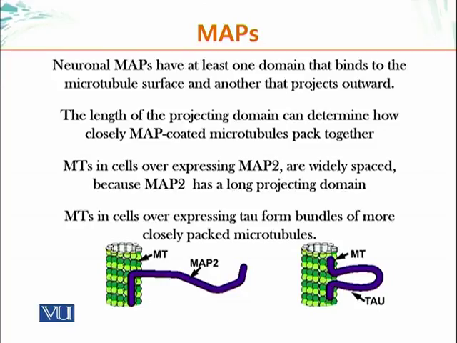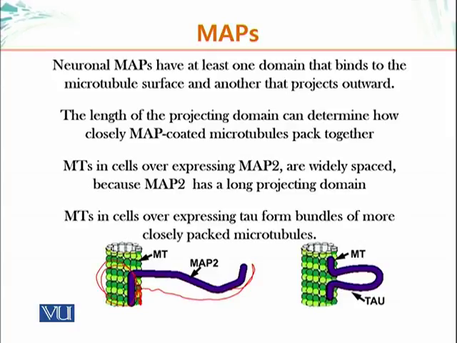But here I would like to mention that microtubules in cells overexpressing MAP2 are widely spaced because MAP2 has a long projecting domain. Here in this diagram, for example, this is a microtubule, and you can see MAP2 has a longer domain projecting outwards, and a domain that binds the microtubule.